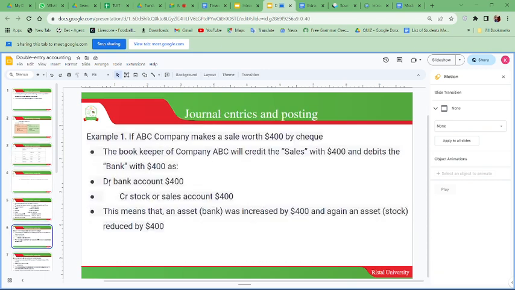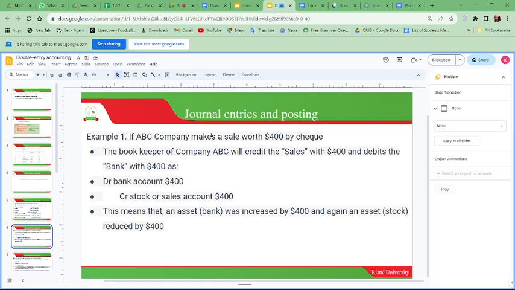So we debit the bank account, which is 400, and we credit stock or sales account. For example, we can use sales or we can use stock. When you're not given the name of that good, you either use stock or sales, because you're making sales in the company.